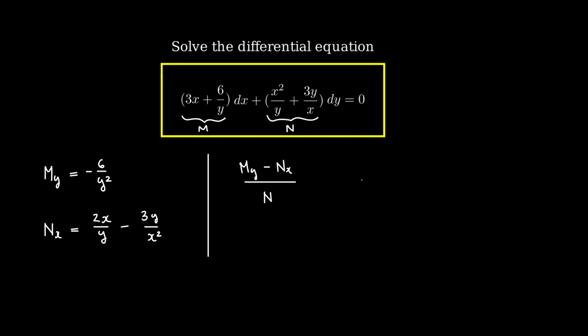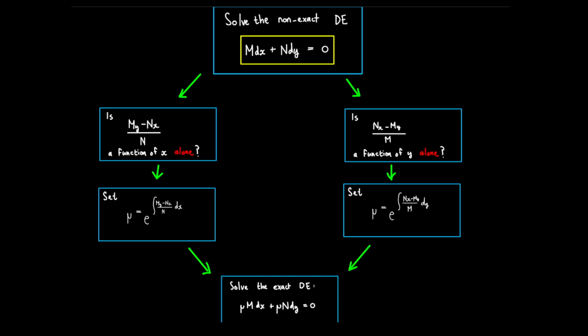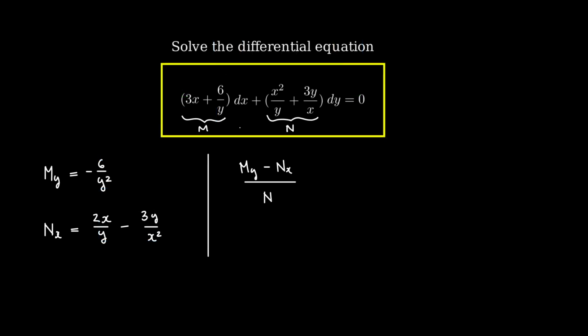So remember, if we were tracing the left-hand side of the diagram here, this is the quantity we have to compute. So let's just take a look at that. This here would be negative 6 over y squared minus 2x over y plus 3y over x squared. Okay, so that's what we would get.